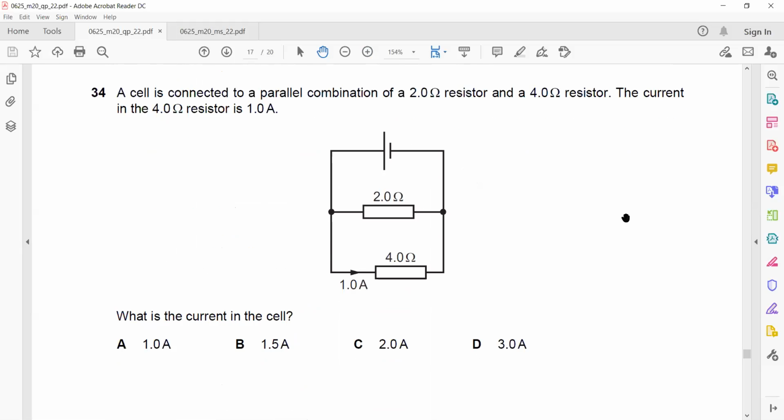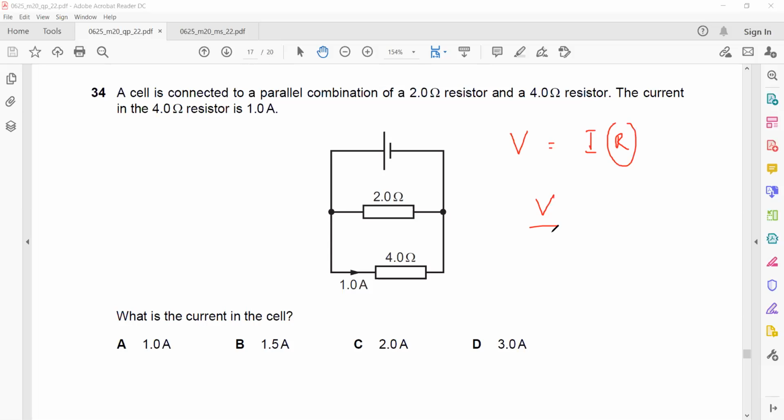A cell is connected to a parallel combination of 2 ohm and 4 ohm. The current in the 4 ohm is 1 ampere. What is the current in the cell? Current in the cell means the total current. So if we need the total current, we have the formula V equals IR. So we need the total voltage, and we need the total resistance.